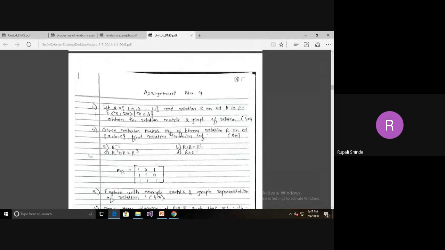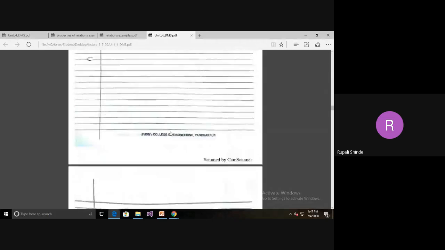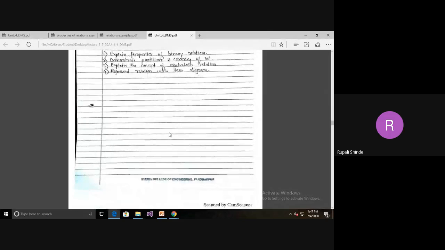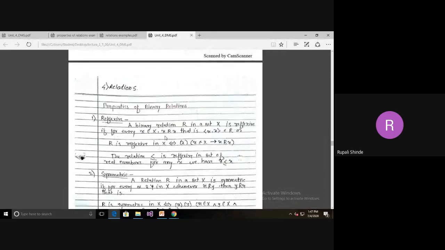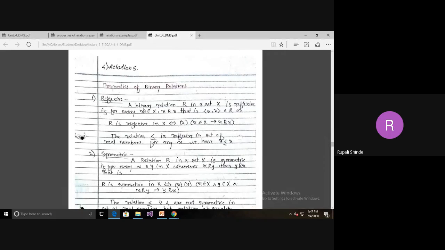So first we will see what is the meaning of reflexive property. Here, a binary relation R in a set X. So here this X is in capital, means what? This is a set, is reflexive if for every small x.